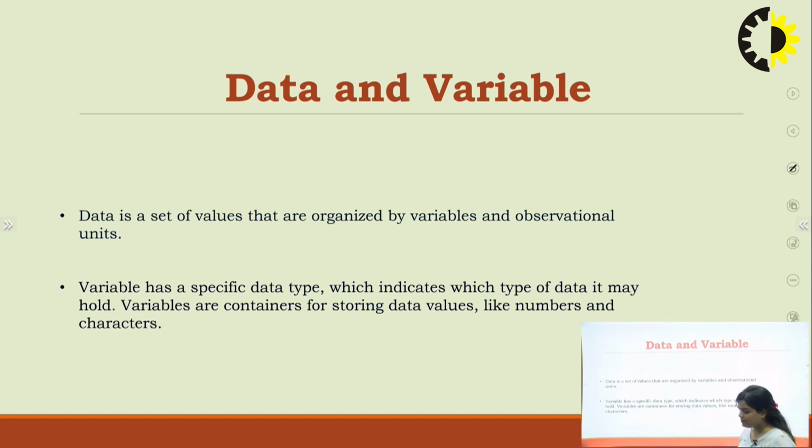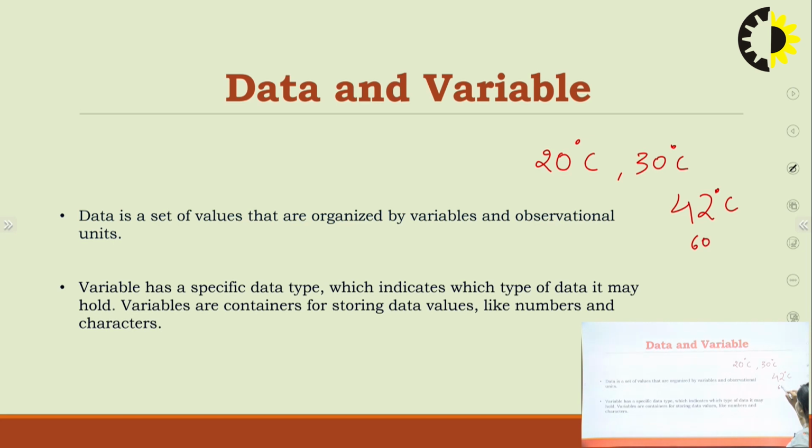Now, when we organize this data in some meaningful manner, then that becomes information, right? Let's say you have observed 20 degree, 30 degree, or 42 degree, or 60 degree, and then some 61 degree.